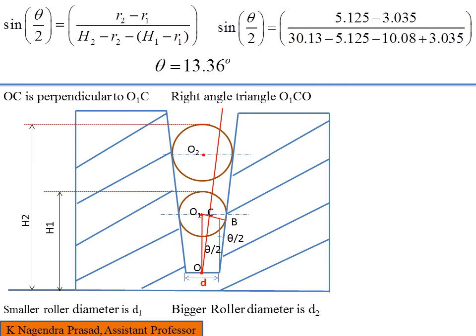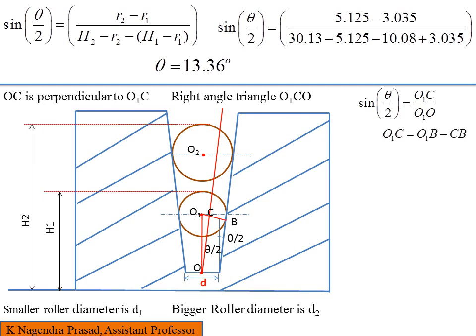So next we apply the trigonometry basics. Then sin theta by 2 will equal O1C divided by O1O.